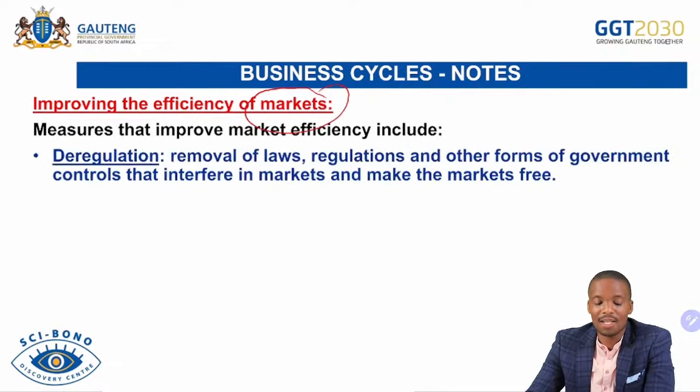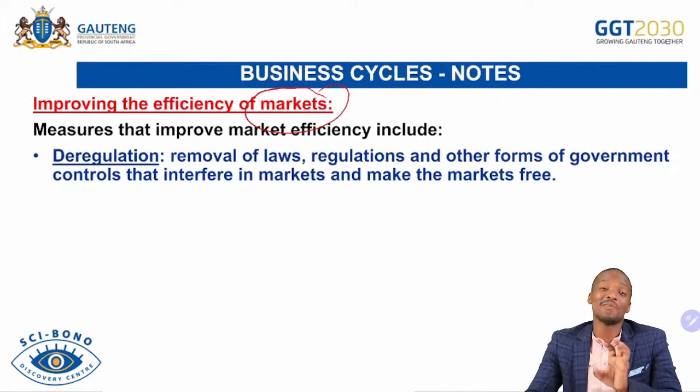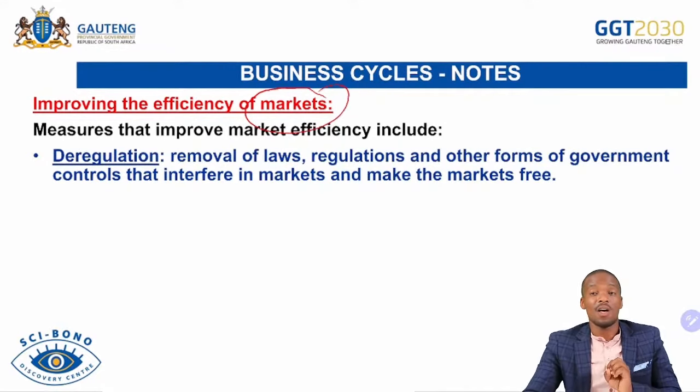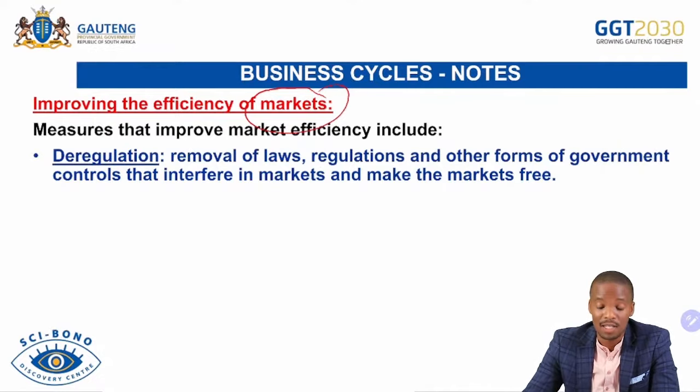Right, the measures that can improve the efficiency of markets include deregulation. Remember, I said to you, the reason why we're underlining this is terminology, grade 12 learners. We can ask you as an economic concept to say removal of laws, regulations, and other forms of government controls that interfere in the market and the market's free.